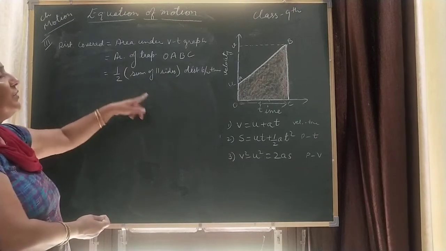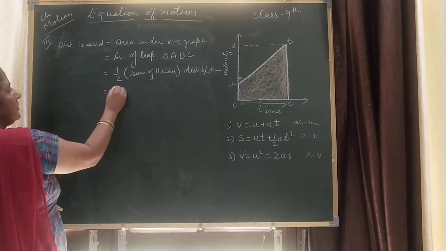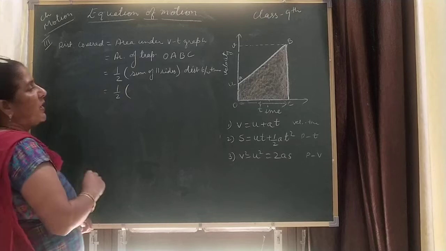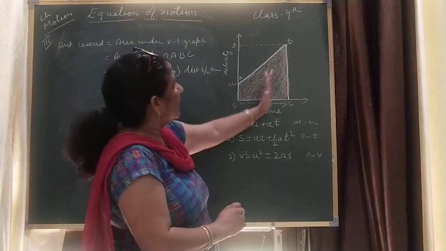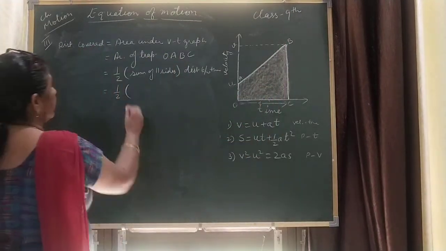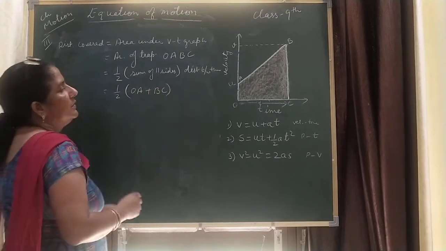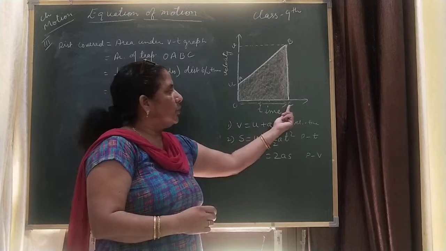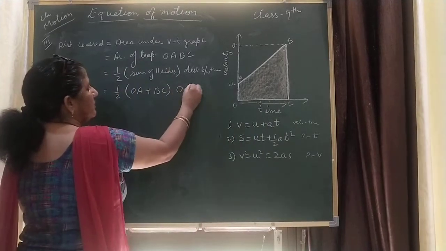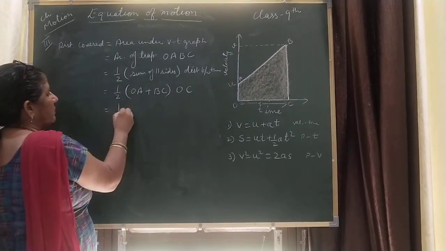This is the area of trapezium, which is equal to half. Now the parallel sides are OA and BC, OA plus BC, and the distance between them is OC.